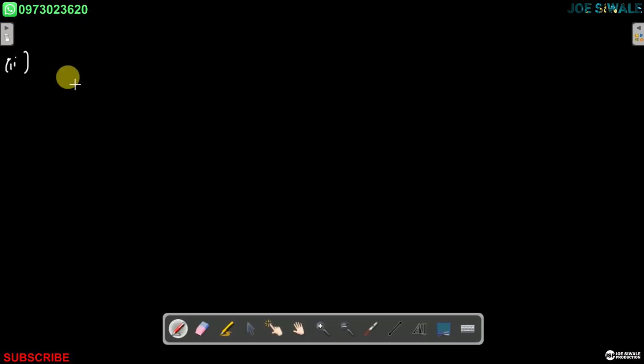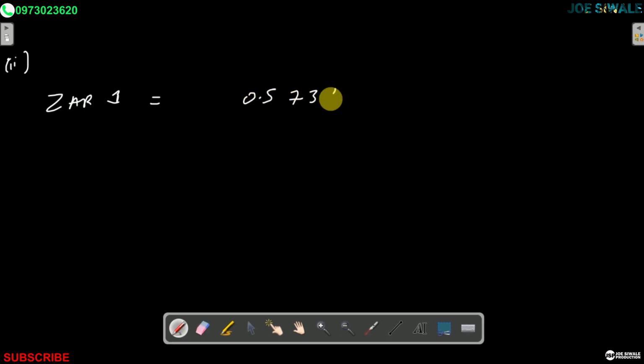So for the bid price, we know that 1 South African rand is equal to 0.578338 Zambian kwacha. Then if we return with 3,000 South African rand, how much Zambian kwacha are we going to have?